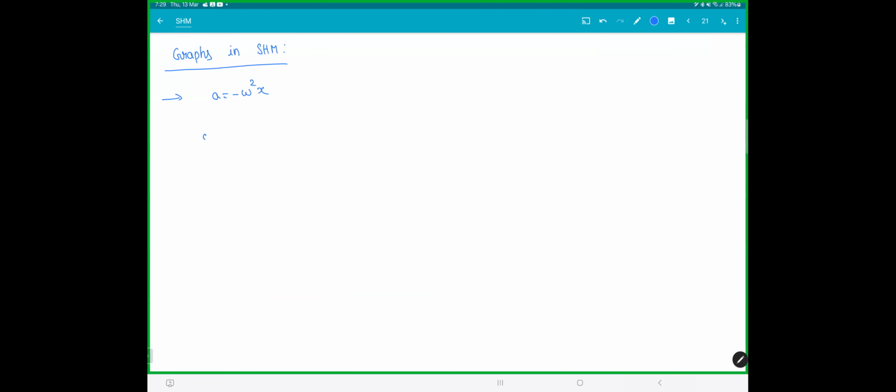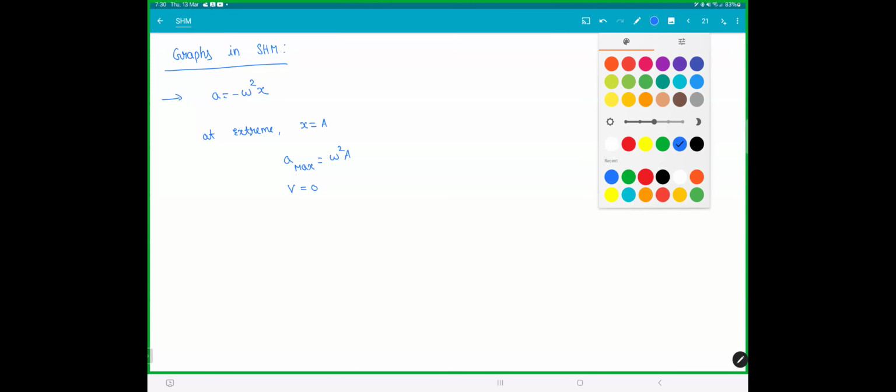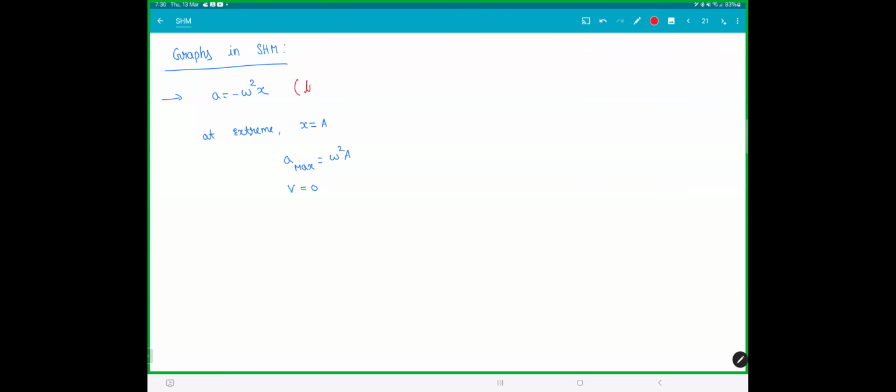So at extreme position, x is equal to a, we have maximum acceleration, which is omega square a, and velocity is 0. So if you plot an a versus x graph, it would be a straight line passing through origin.